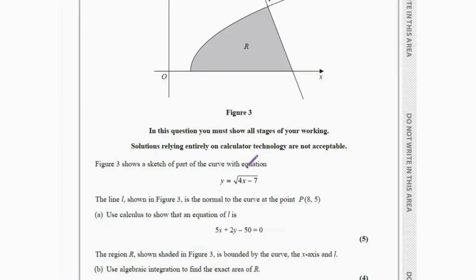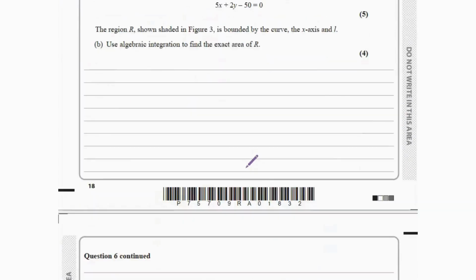So if we have the gradient of the curve, which means we have the gradient of the tangent, we can figure out the gradient of the normal by using the concept of perpendicular lines: if two lines are perpendicular, the product of the gradients always equals -1. Hence, keeping that in mind, we're going to differentiate the equation of the curve first, put x equals 8 in it to find the gradient of the curve, and then use that to find the gradient of the normal.